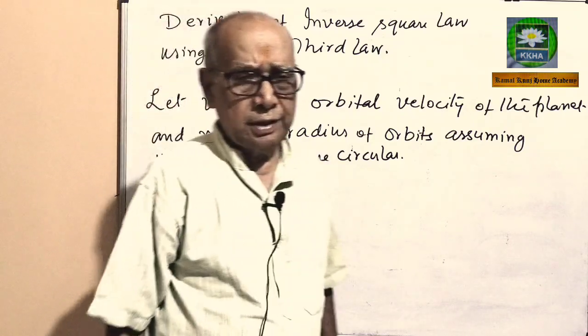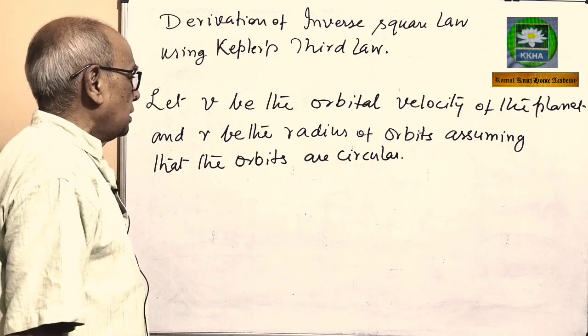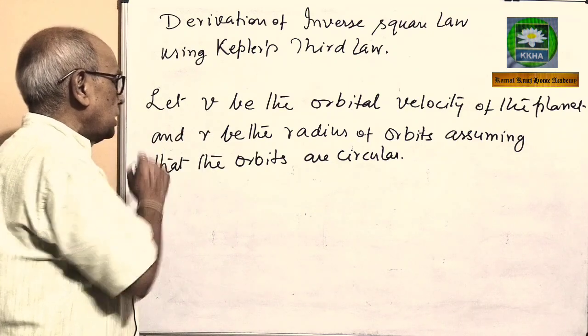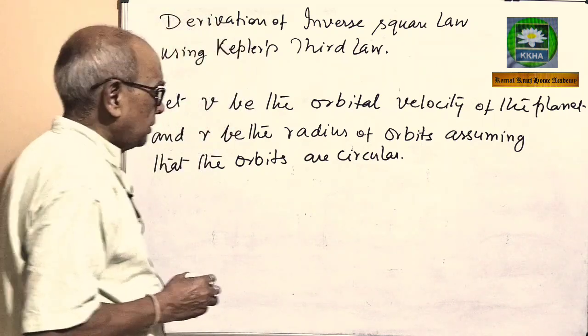Let us assume that orbits are circular and r is the radius of the orbit and small v is the orbital velocity of the planet.